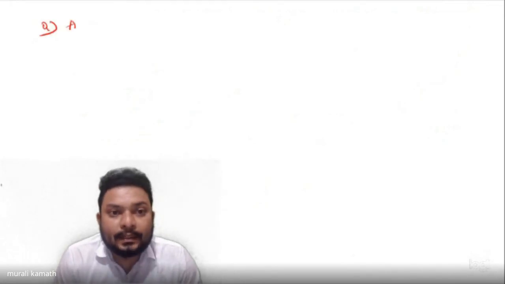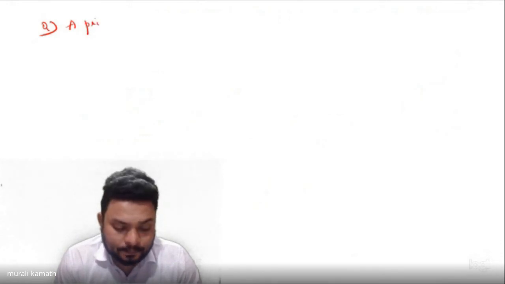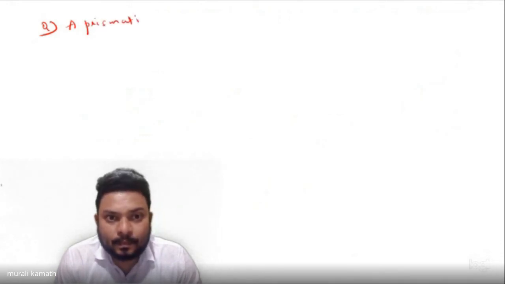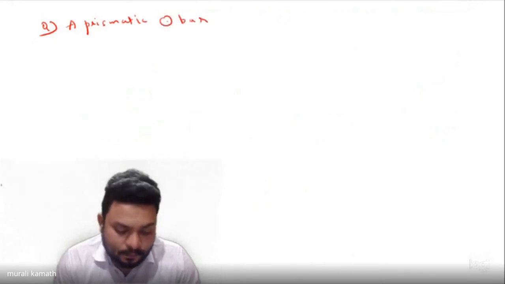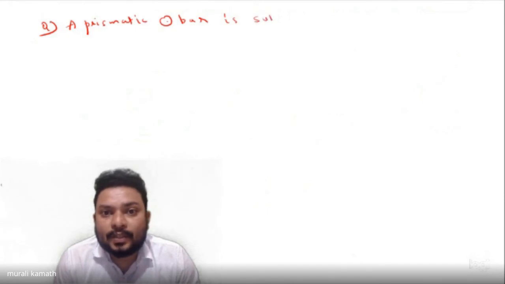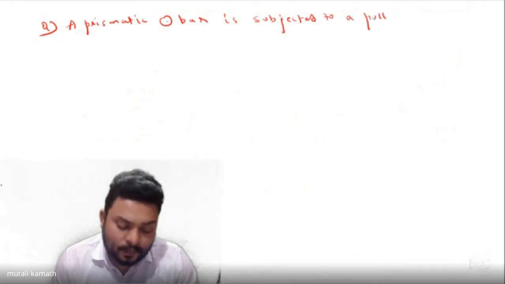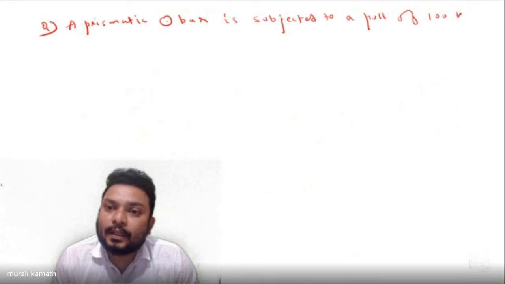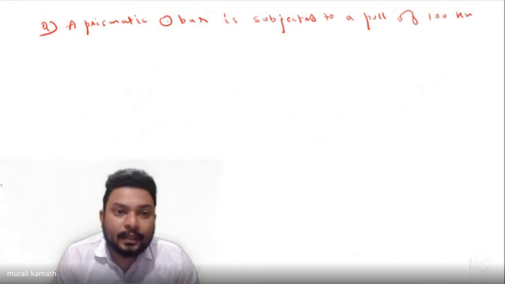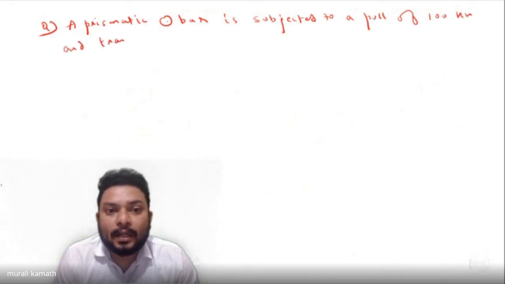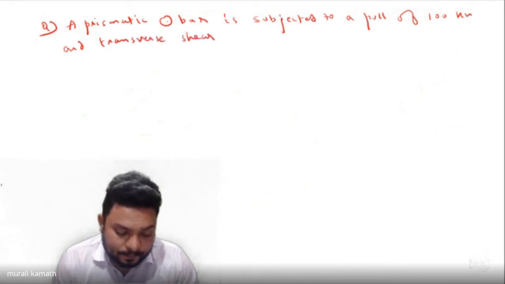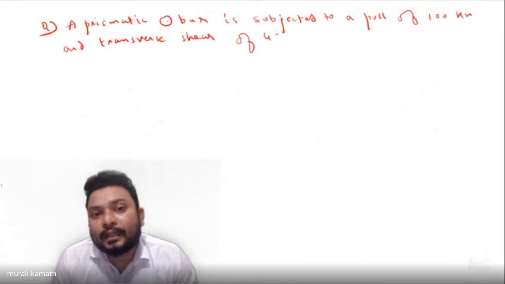A prismatic circular bar is subjected to a pull of 100 kilonewton and transverse shear of 45 kilonewton.